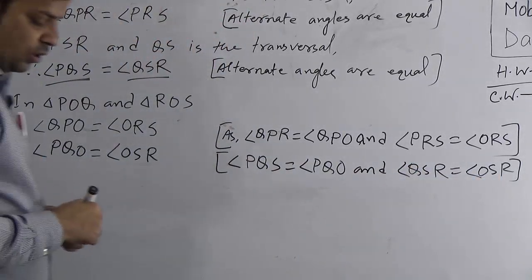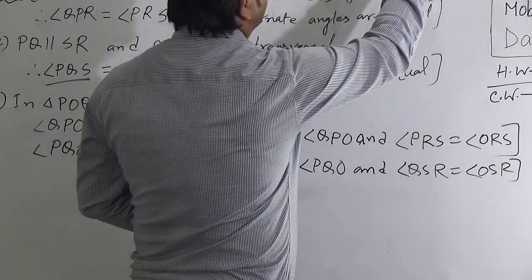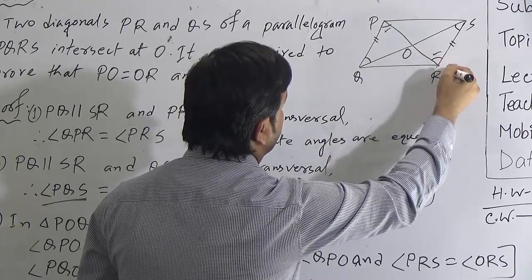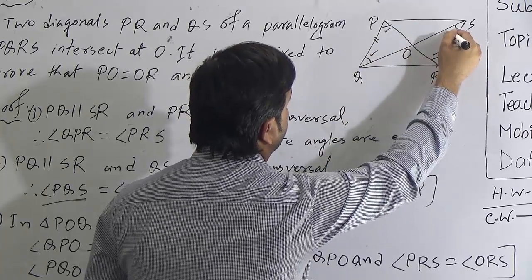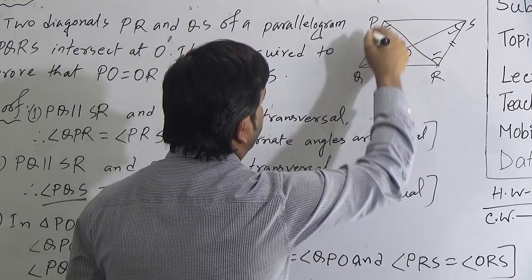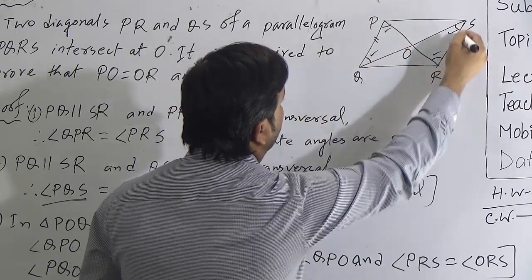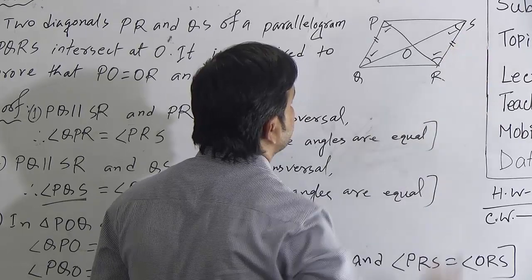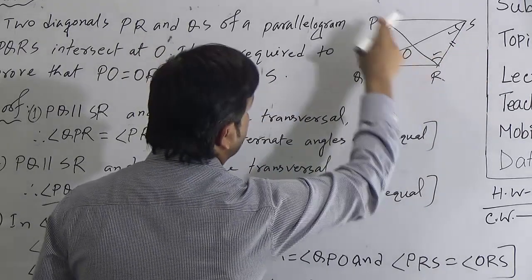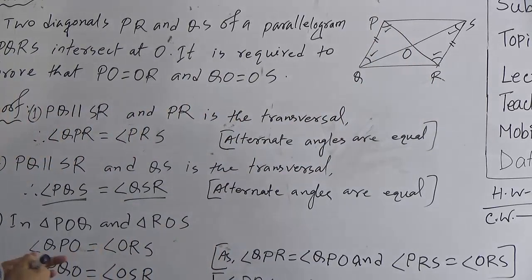Now if you notice here, you will see this angle and this angle are equal, this one and this one are equal. So the adjacent side of these two angles is PQ and here the adjacent side is SR. So we can say these two sides are equal, as PQRS is a parallelogram, opposite sides are equal.